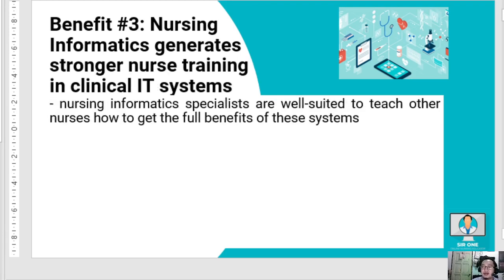Then third, nursing informatics generates stronger nurse training in clinical IT systems. So nursing informatics specialists are well suited to teach other nurses how to get the full benefits of the systems. Of course, because in some cases, nurse informaticists help design and create the systems.